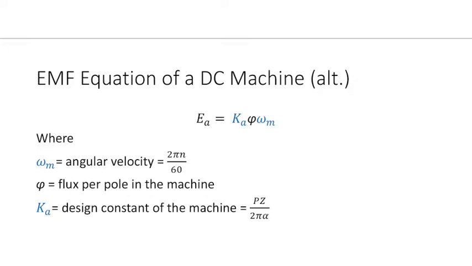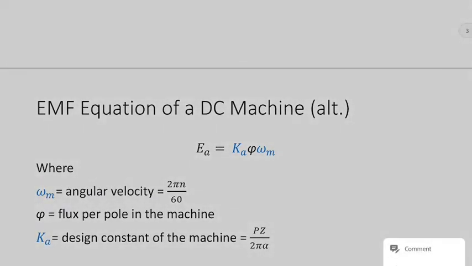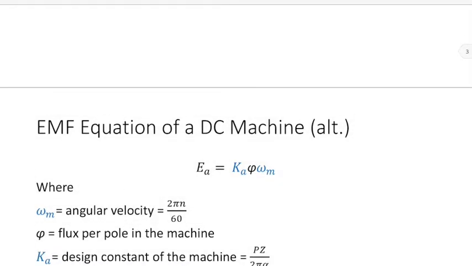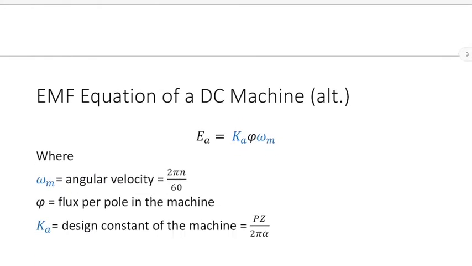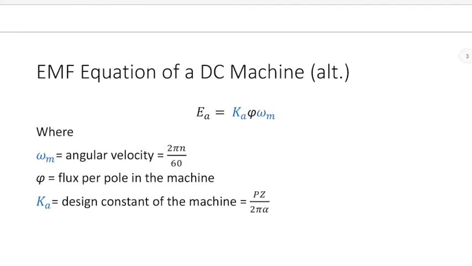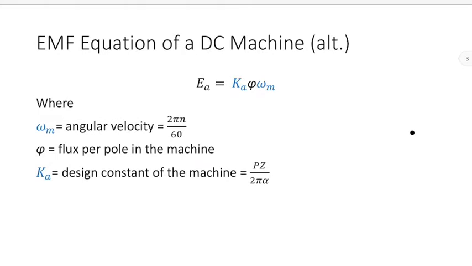So you will notice, class, that this Ka is mostly about the fixture of our machine. It is helpful because our DC machine can be used both as a generator and a motor.